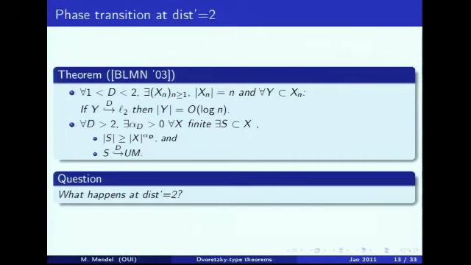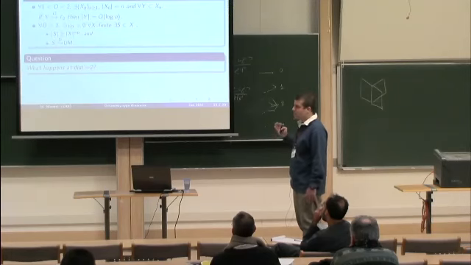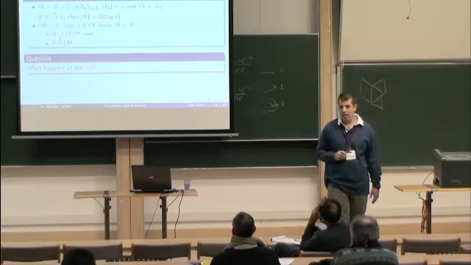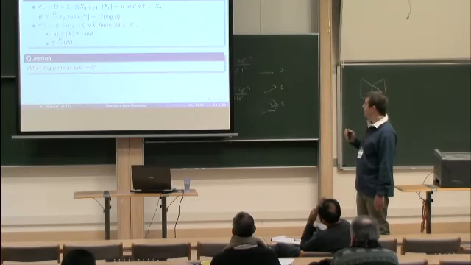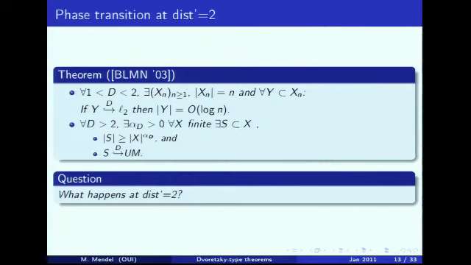Below distortion 2, the right quantity is log n, so there are examples in which you cannot extract more than log n points which can be embedded in Hilbert space with distortion d, when d is smaller than 2.